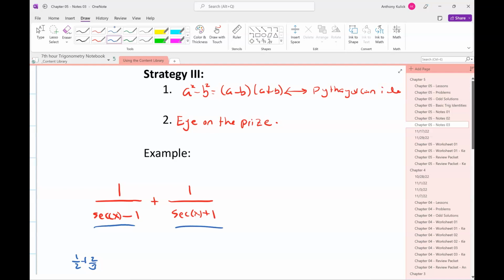How about secant x minus 1 and secant x plus 1? Do those have anything in common between each other? No, they don't. So what's the common denominator going to be?